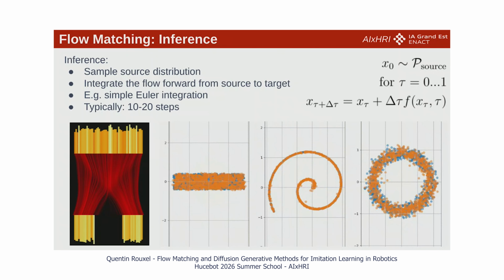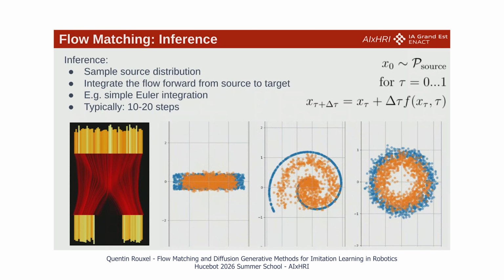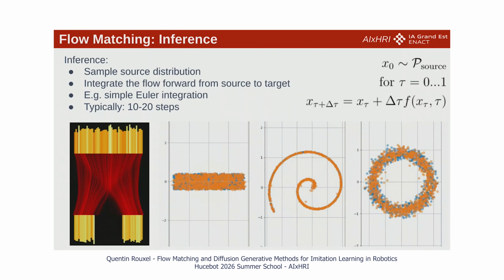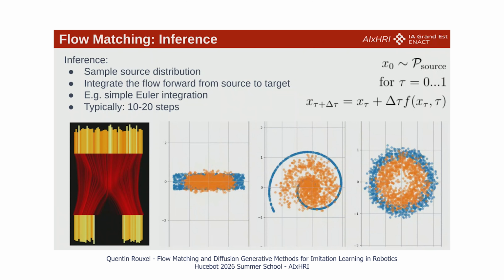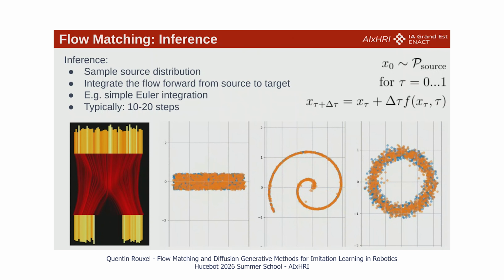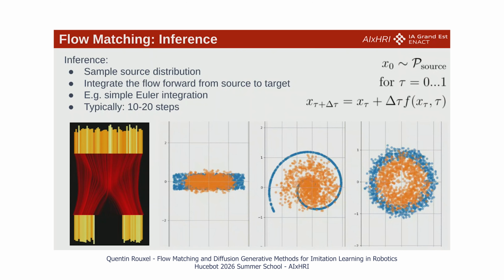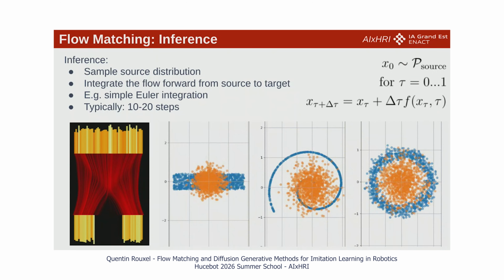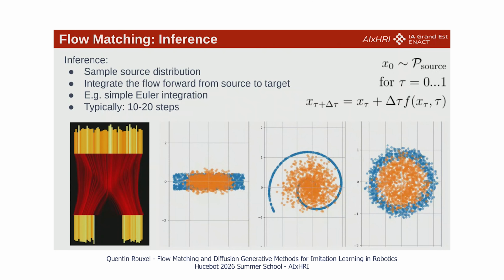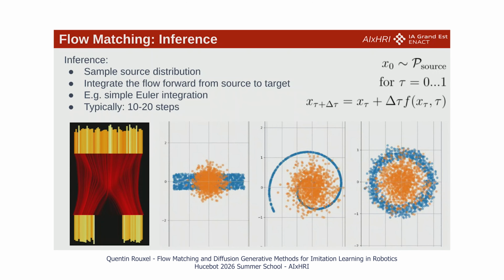And for inference, when we have the flow, it's easy. We just have to integrate the flow to start from the source distribution and follow the vector field until we follow the path to the target distribution. One way to do that is through a simple Euler integration, which works very well. Typically, we sample a point in the source distribution, here or here or here, and for the transport ratios that go from 0 to 1, we follow the vector field until we reach the target distribution.